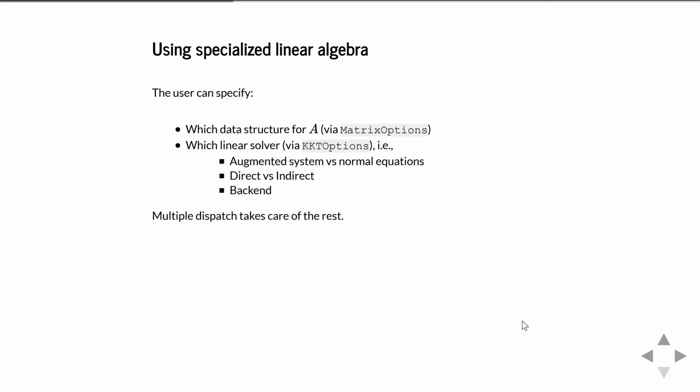And these options allow you to choose, for instance, between solving the augmented system or the normal equations, whether you want to use a direct or indirect method, which backend you want to use. So by backend, I mean which essentially linear algebra library. So are you going to use SuiteSparse, MUMPS, Pardiso, and so on. Once these options are given by the user, multiple dispatch is going to take care of the rest.